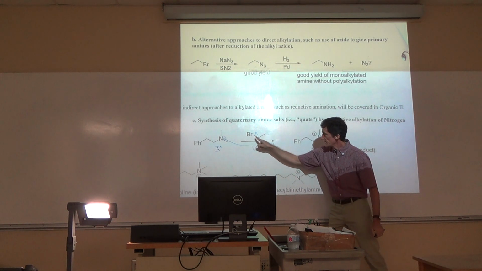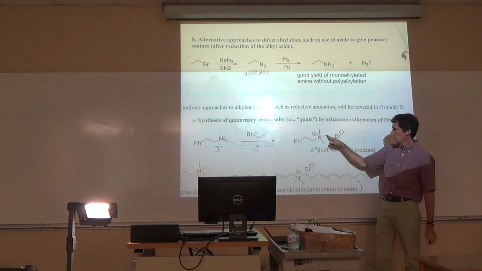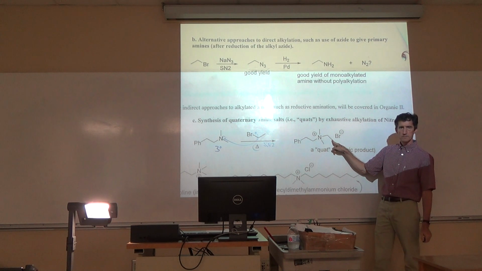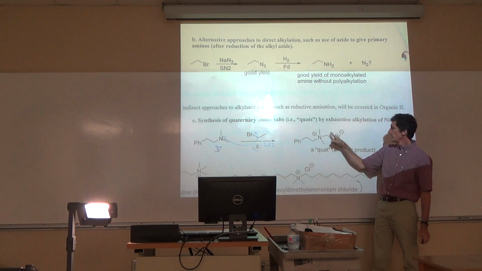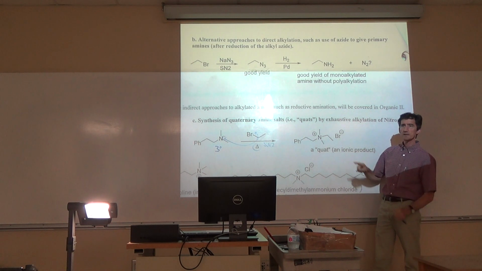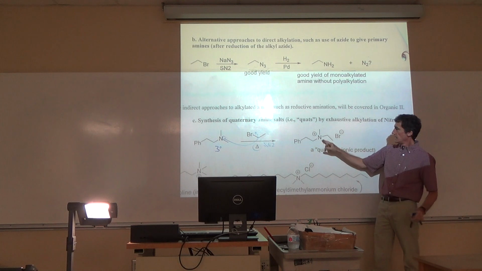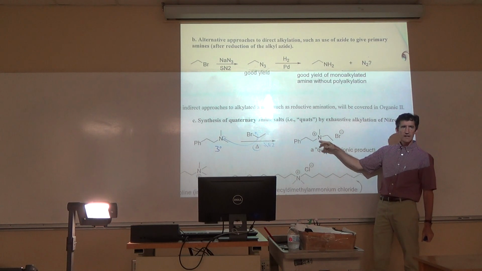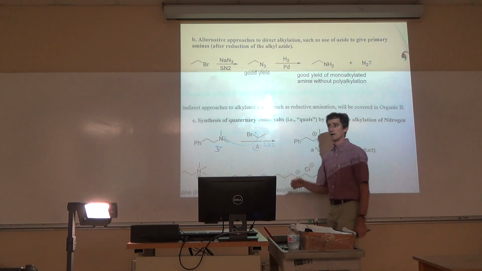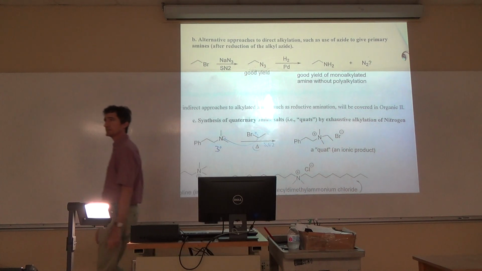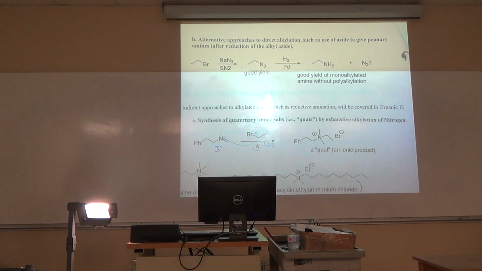The nitrogen is now bonded to an ethyl group. Nitrogen is now positive. Then the leaving group sits here, Br minus. This nitrogen does not have a proton. It's not going to easily go neutral, even if we included a base.